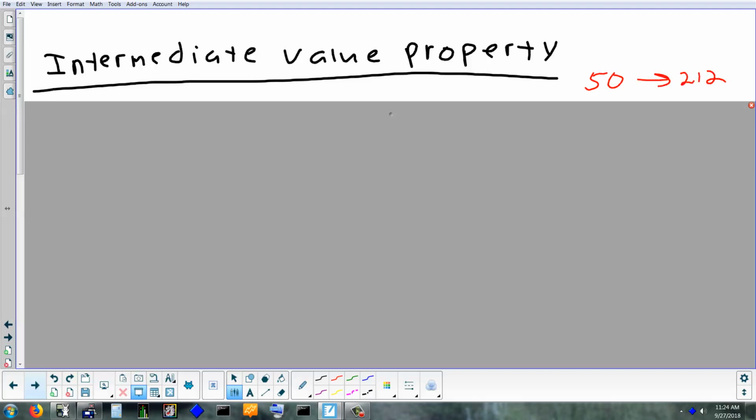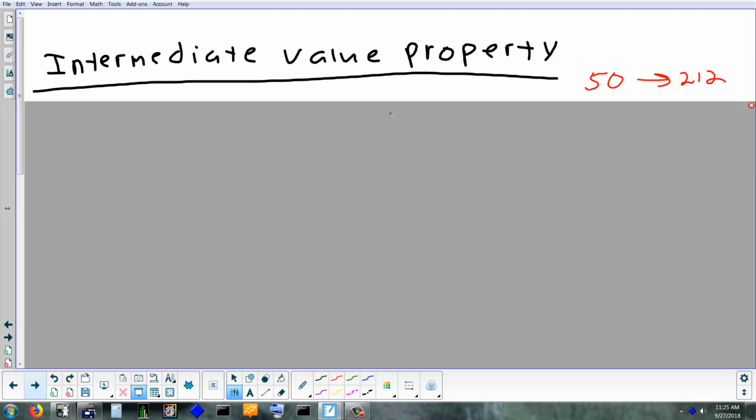Right. How many temperatures does the water go through from 50 to 212? Okay, 162 temperatures?